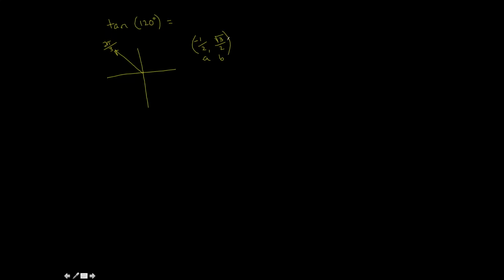Now remember, tangent is b over a. So this is actually going to be the square root of 3 over 2 divided by negative 1/2, which is the same thing as the square root of 3 over 2 times negative 2 over 1, which gives you negative square root of 3 for tangent. Okay, for tangent.